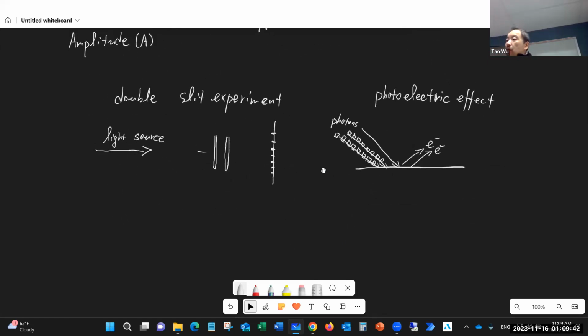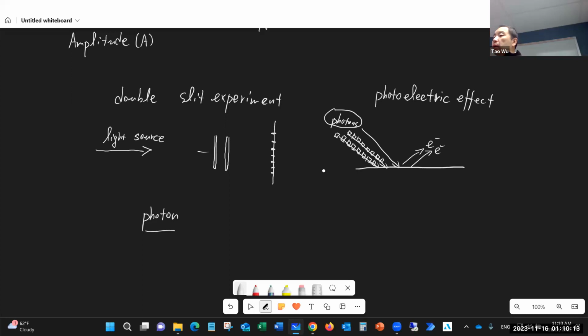Well, when we talk about photons, those are small particles, and they carry energy, right? But the point is, each photon will carry the same energy. You see, visible light is like discontinuous photons shooting on the object. Each of the photons carries exactly the same energy.